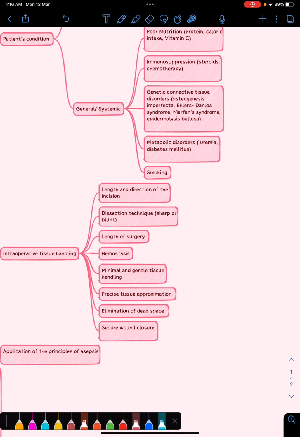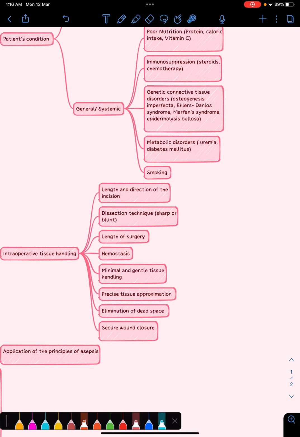Metabolic disorders such as uremia, diabetes mellitus, these conditions as well delay the wound healing, because with uremia, once the uric acid pools up inside of our blood or our bodies, we're not going to have normal platelet function or normal things that participate in the wound healing.